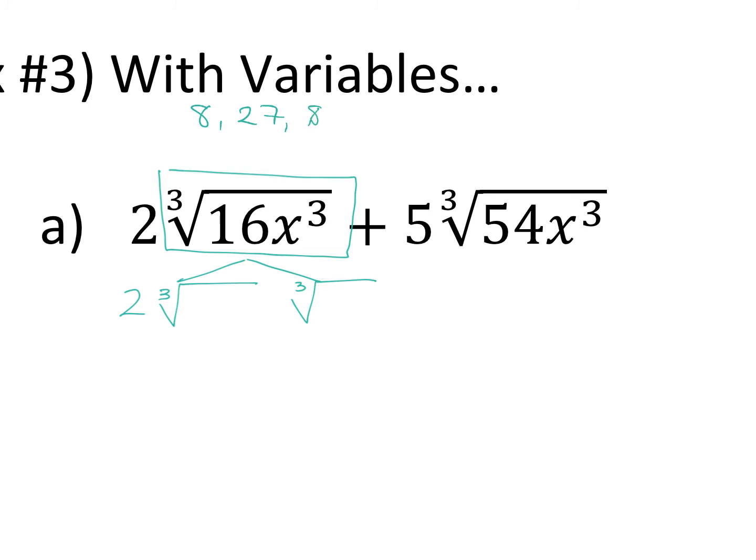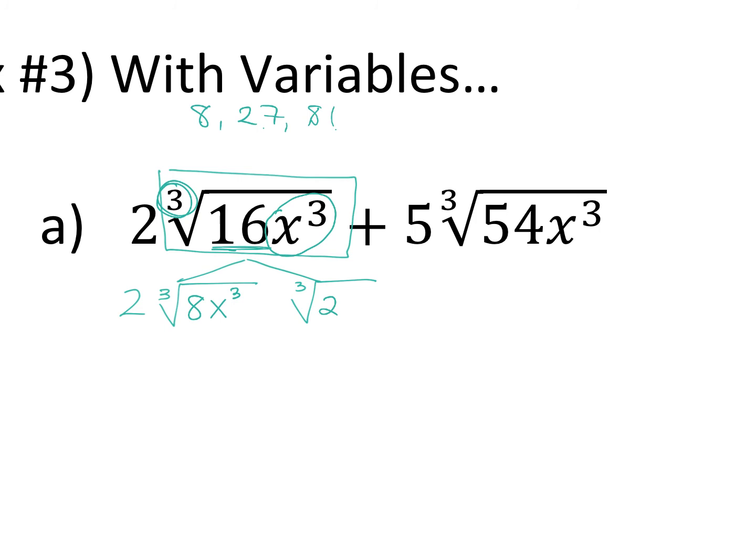Yeah. So you think through those numbers, right? Is this 16 divisible by any of those? Well, 16 is divisible by 8. So I would go 8 times 2 gets me 16. And then I need to figure out of my x to the third, can I divide that number by 3 or do I need to pull some of the x's out? Well, 3 is divisible by 3. So I'm going to put all of them on the perfect side like that.